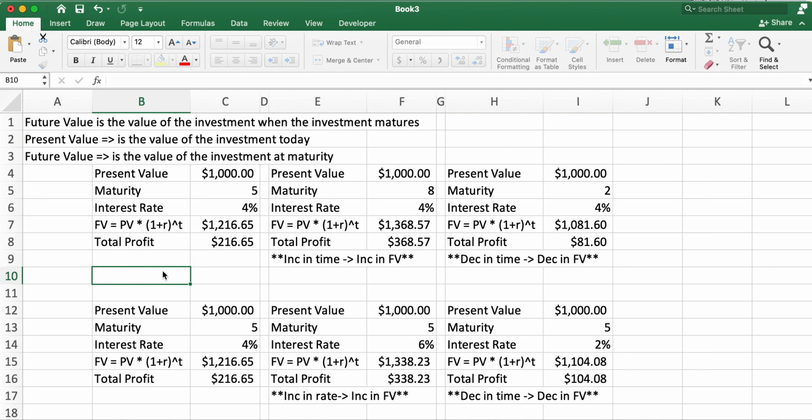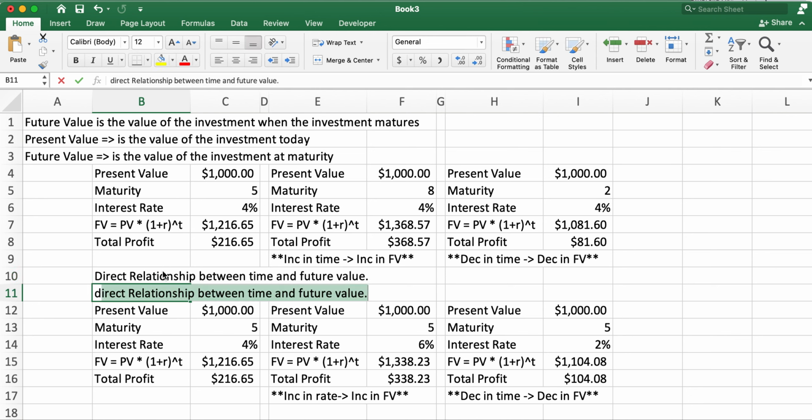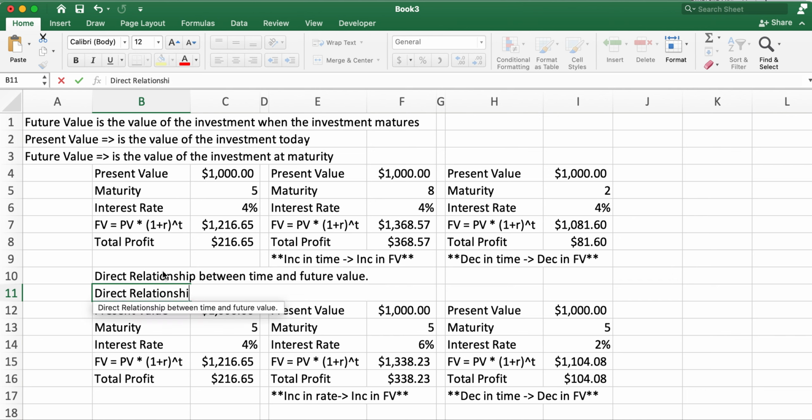Okay. So all of these things now tell us that we have a direct relationship between time and future value, and we have a direct relationship between interest rate and future value.